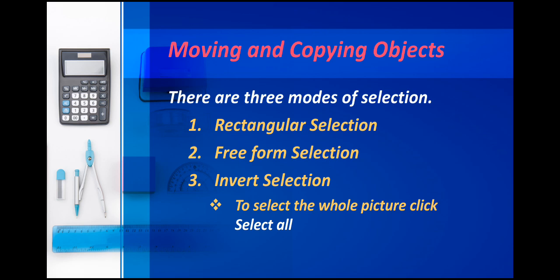Freeform selection. What is a freeform selection? Freeform means you are selecting your picture in detail, freely, not in a particular shape but in a free form manner. For example, if you have a picture of a flower and you want to select just the part of a petal inside the flower, which kind of selection mode will you use?